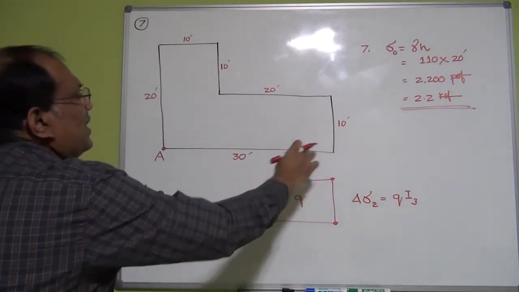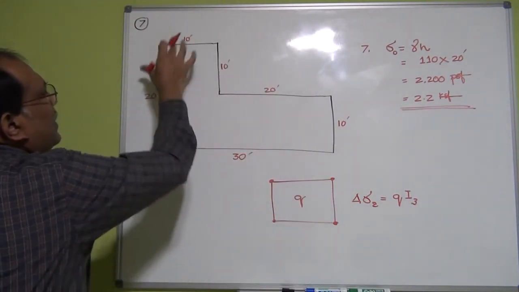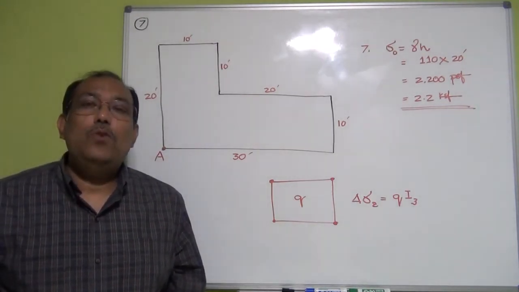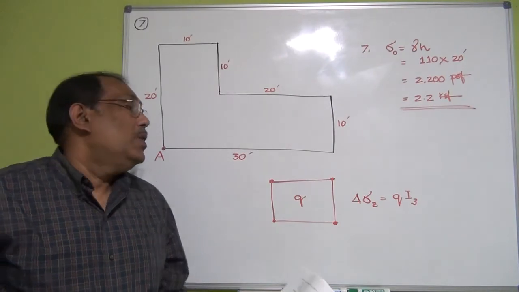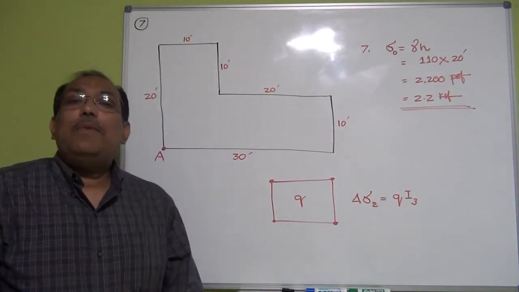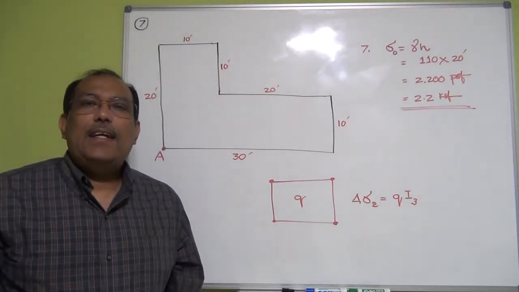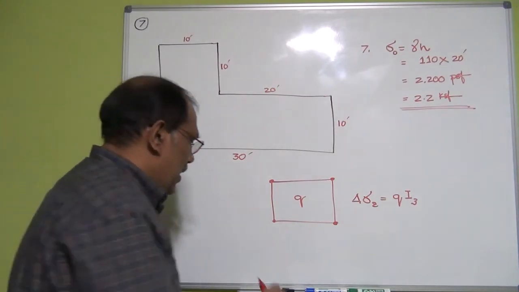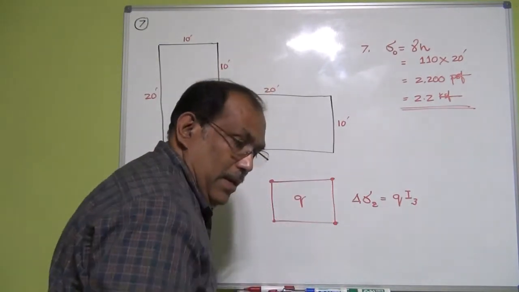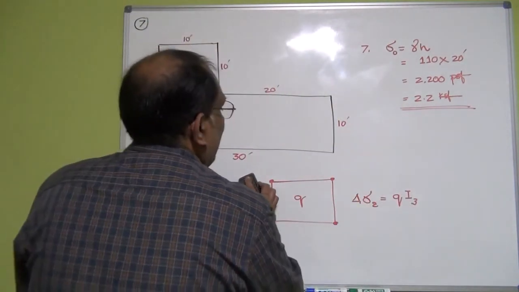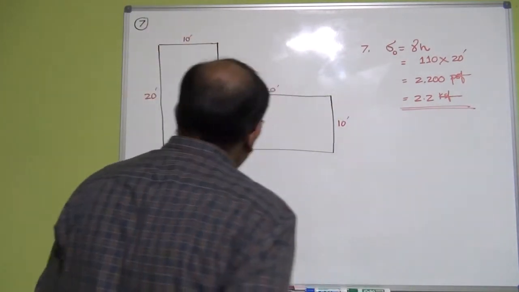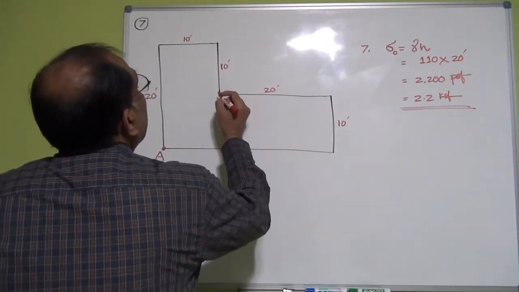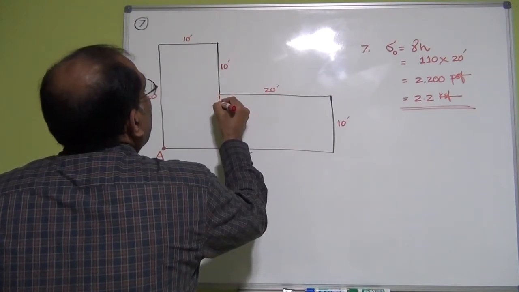Now you can see here this is not a rectangle, it's kind of an L-shaped building. So in that situation, we have to divide the slab in such a way that point A is the corner of each of the slabs. Let's say I'm dividing it like this.